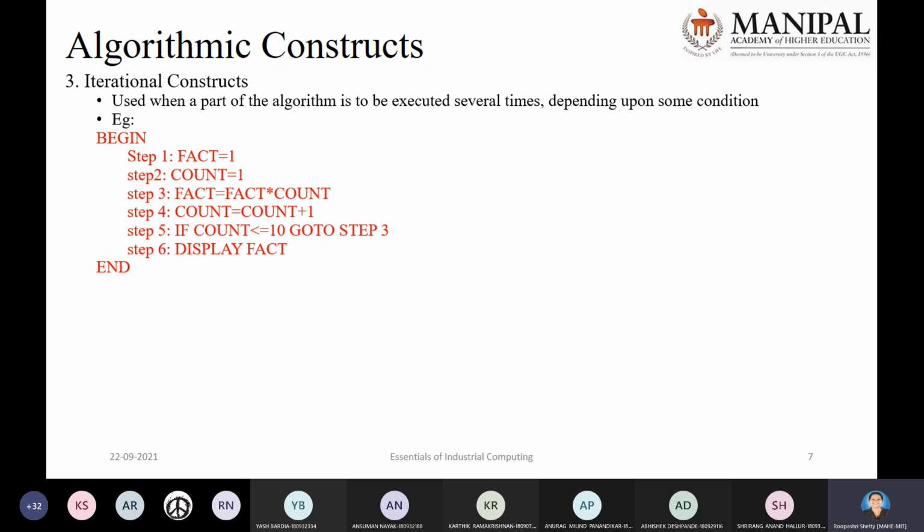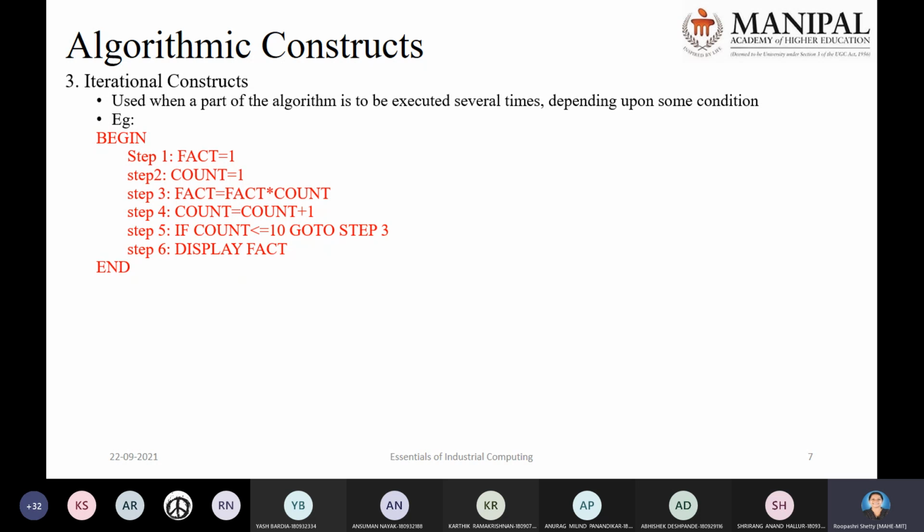Count will be incremented into 2, into 3, into 4, into 5. So the previously computed result into the count, and the count will be incremented in every iteration. Now this fact is equal to fact into count and count is equal to count plus 1 will happen for every count that is being encountered.